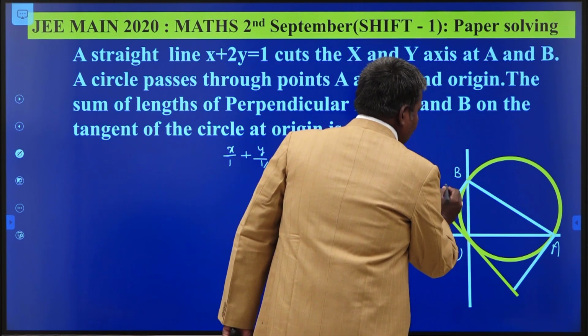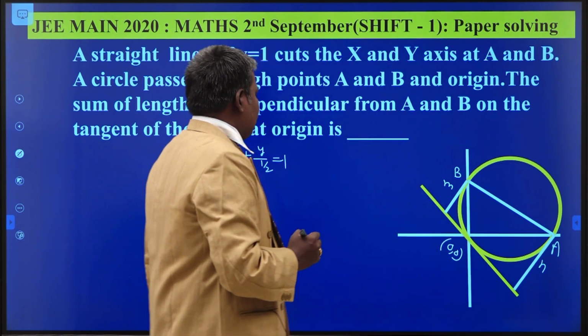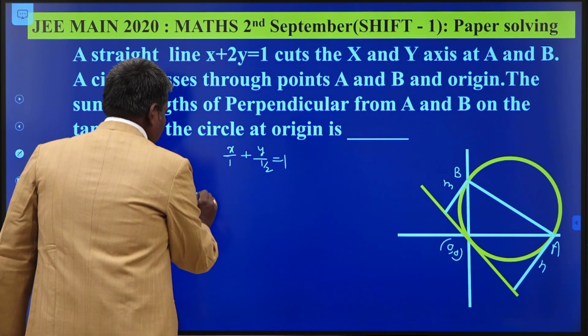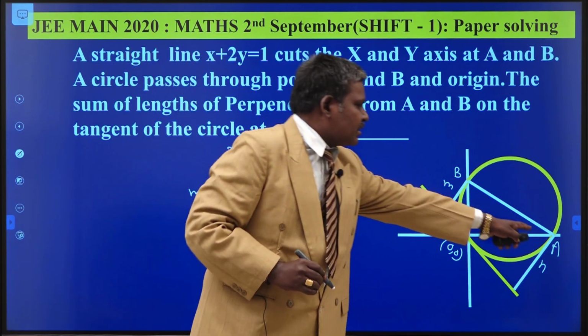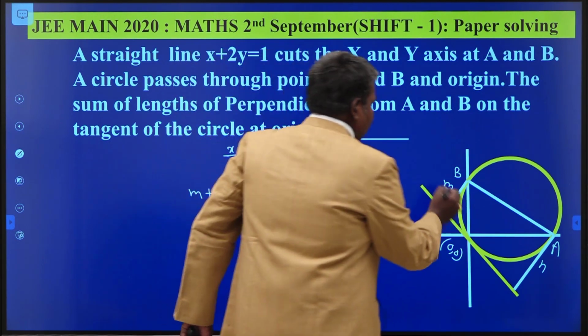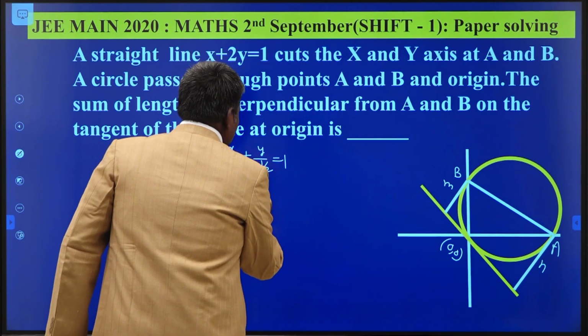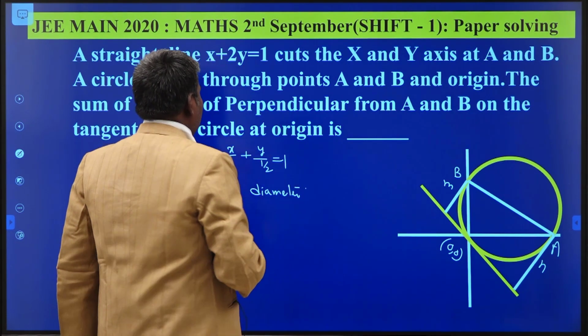Now we have to find the sum of the perpendicular distances, that is m plus n. Find out what m plus n is. m plus n is nothing but the length of the diameter of the circle. That is your concept. So m plus n equals the length of the diameter of the circle.